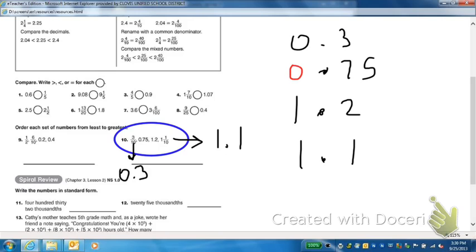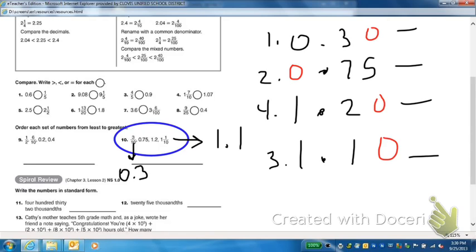Again, it's nice to add the zeros so we can compare all the numbers together. So the smallest one we can see is going to be 0.3 or 3/10. Second, 75 hundredths. Third, 1.1 or 1 1/10. And the biggest one is going to be 1 2/10. So it looks like money. 30 cents, 75 cents, $1.20, $1.10.